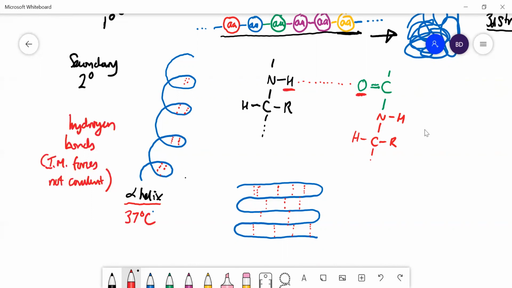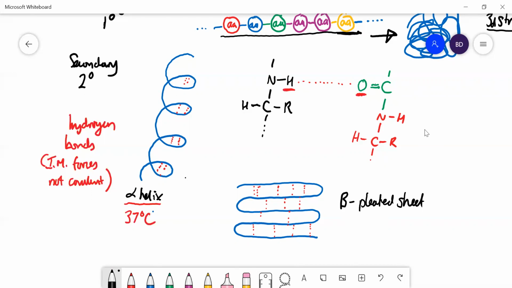Right, alpha helix there, also held together. Sometimes you get this in proteins. Slightly less common is the beta sheet, or sometimes it's called the beta pleated sheet. Here, rather than the peptide chain coiling, it goes like a snake, like that. But again, what's holding it together are the little red dots there, hydrogen bonds.